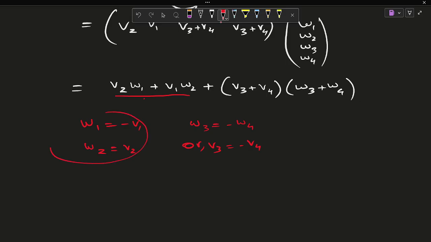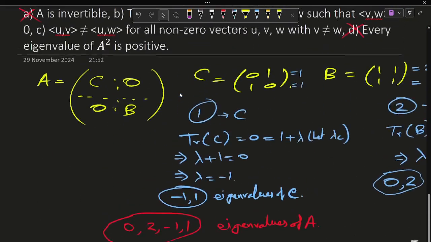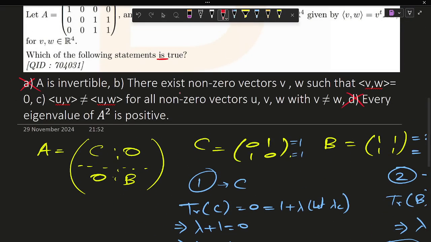These two will give us 0, and either this or this, in both cases, will give us 0. So we can form non-zero vectors where the inner product is 0. So option B is the correct one.